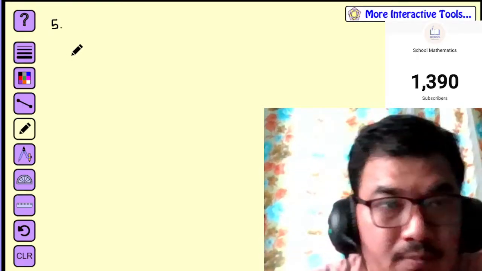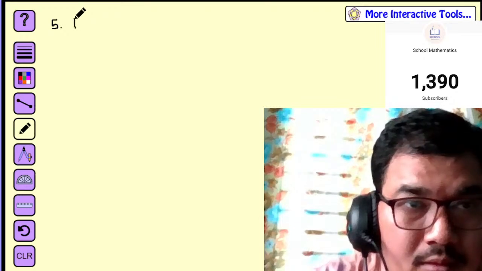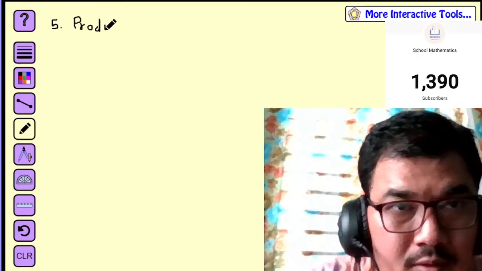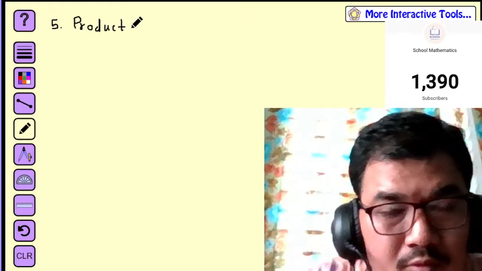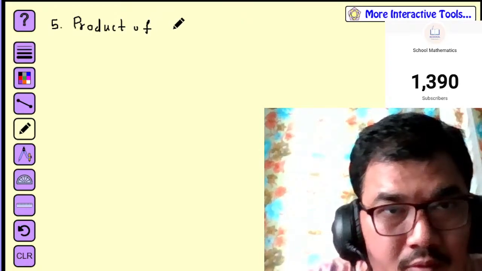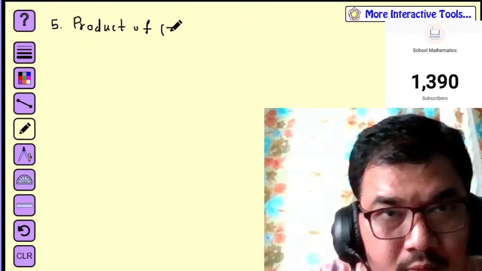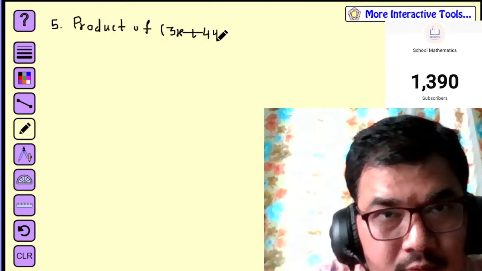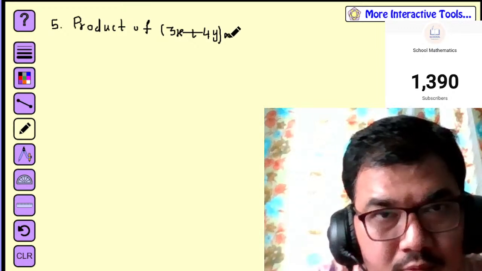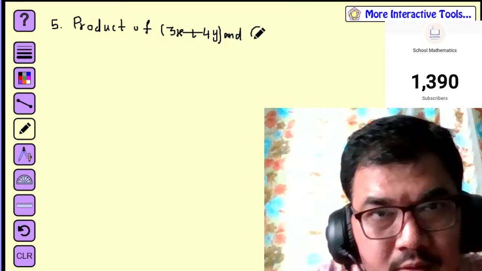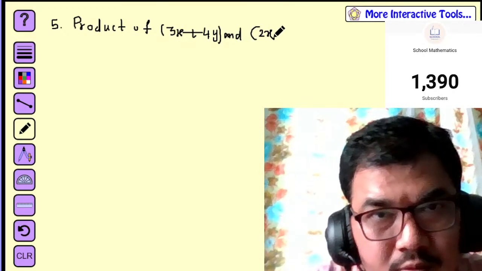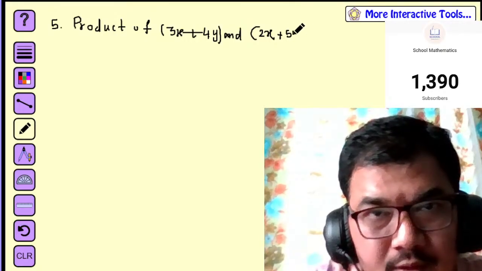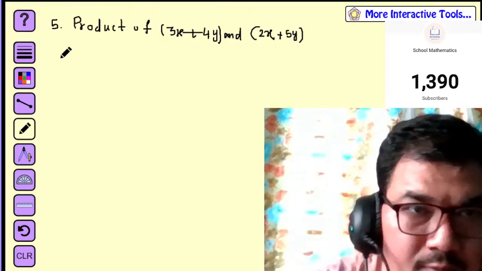How to find the product, or you can say multiply, of 3x plus 4y and 2x plus 5y. If these two expressions are given to find the product, then how to find the product?